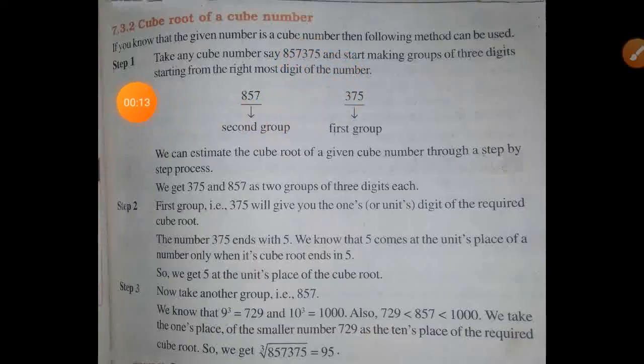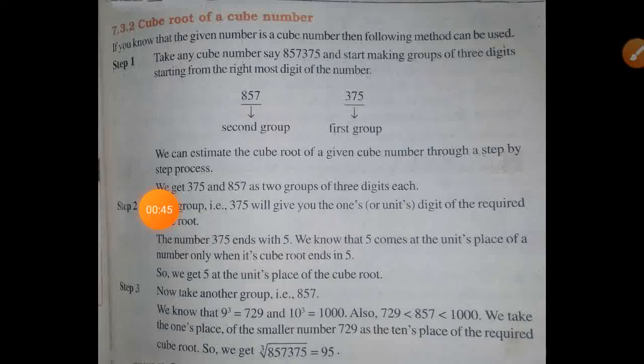If you know that the given number is a cube number, then the following methods can be used. Step 1. Take any cube number, such as 857375, and start making groups of 3 digits starting from the rightmost digit of the number. The first group is 375 and the second group is 857.